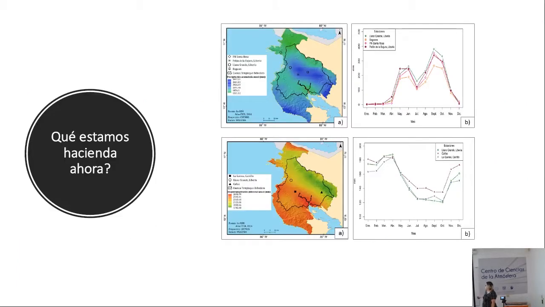And what are we doing now to generate information on the climatological scale nationally? And this is the focus of the Guanacaste province in the drought. It was affected. Generating visualization products so people can use them in different variables.